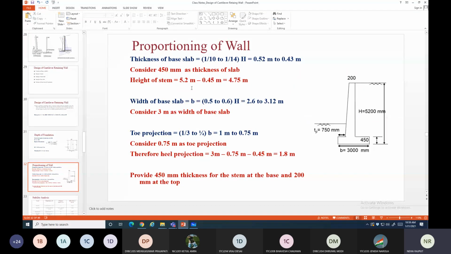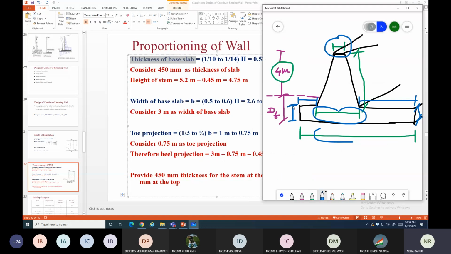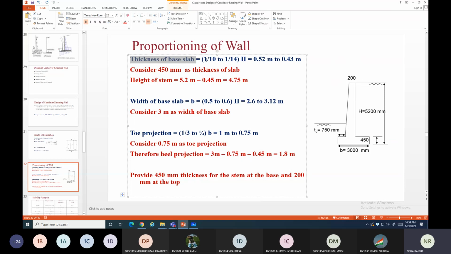Now what is that thumb equation or thumb rule? The thickness of base slab. Thickness of base slab means this thickness. So this thickness of base slab ranges from 1/10 to 1/14 of capital H. So you will get one range.